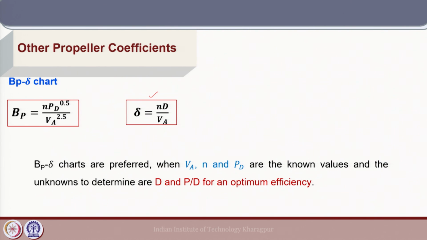In this particular equation, delta is nothing but the inverse of J, expressed as Nd divided by velocity of advance. So, these charts are preferred when the advance velocity, RPM and delivered power are known, and we have to design the propeller in such a way that the diameter and P by D or the pitch ratio are unknown, and these will be the outcome of the design, and we have to look for the case with optimum efficiency.